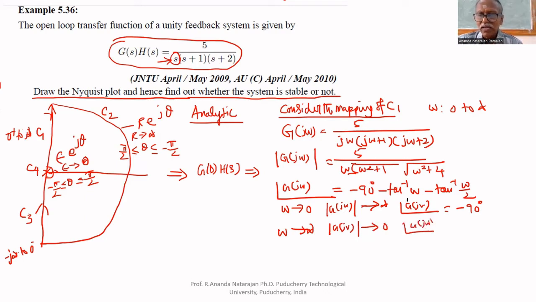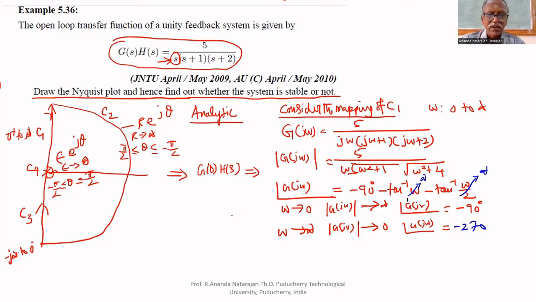Angle of g of j omega equal to three angles. This is minus 90. Omega tends to infinity means this also becomes minus 90, this also becomes minus 90. Therefore, minus 270. There is no numerator polynomial.